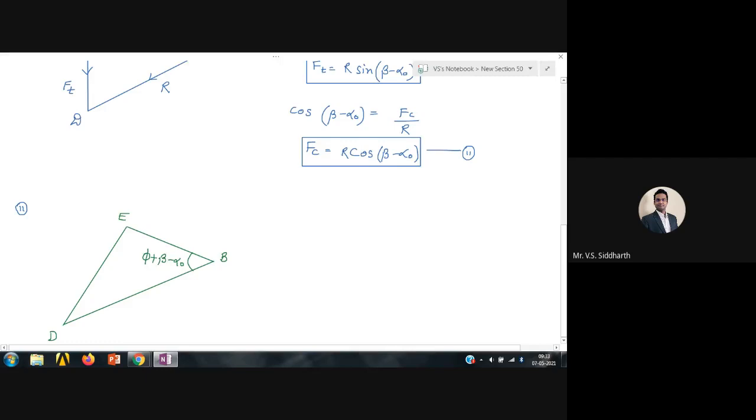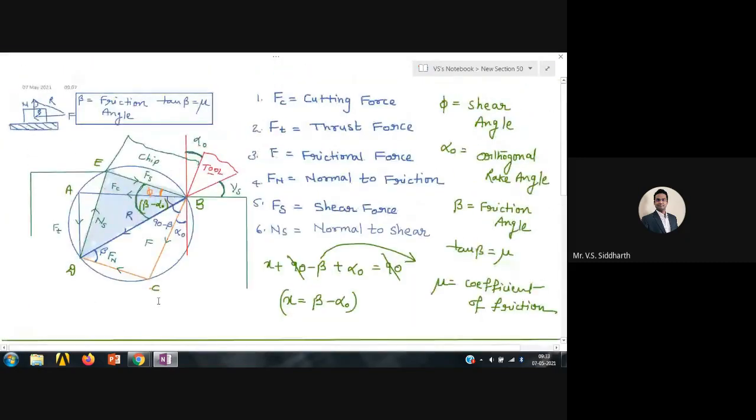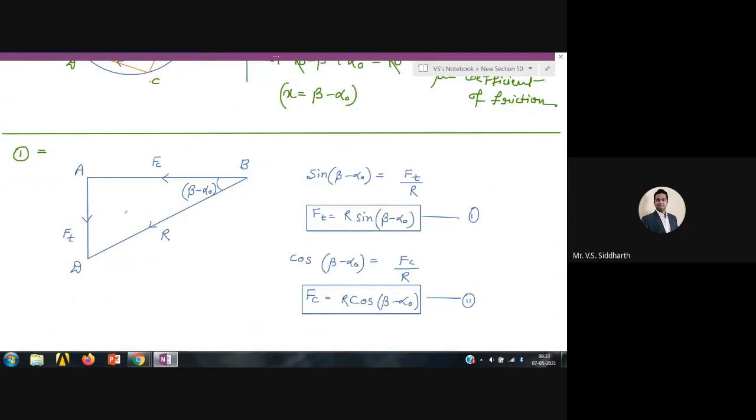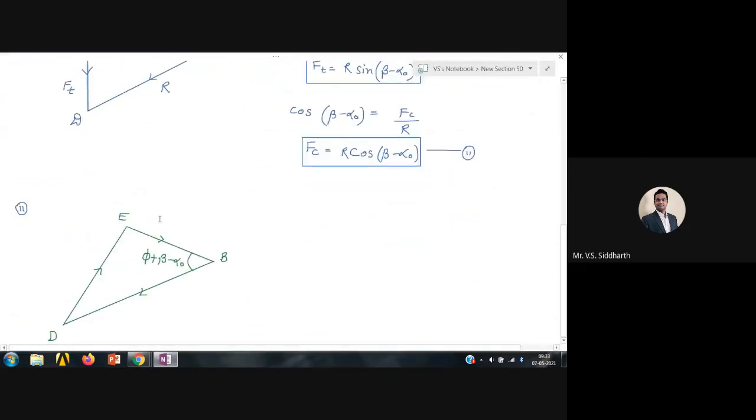Right. And what is this force? Actually, the resultant will be in this direction. Yes. This is the resultant. This is Fs. This is normal to Fs, so I will call it Ns.